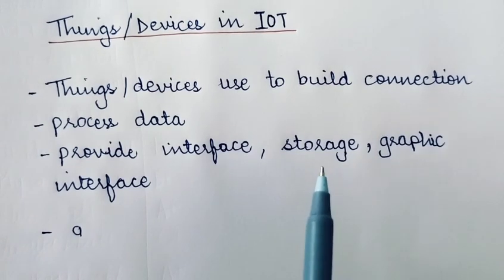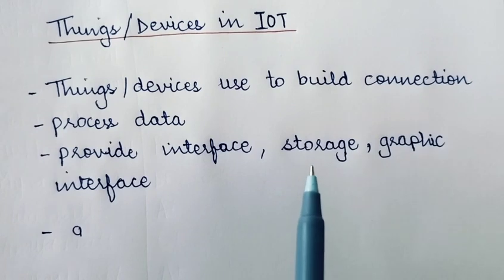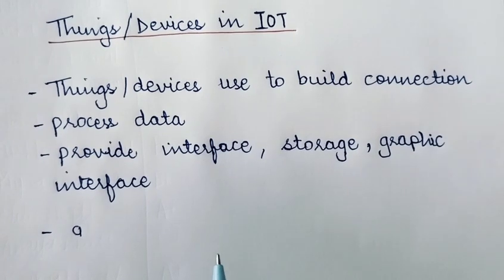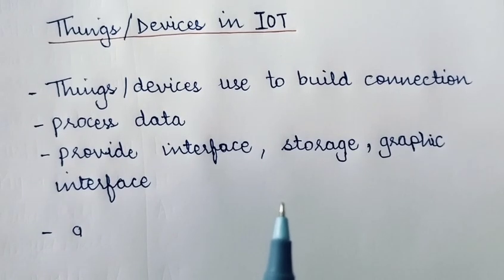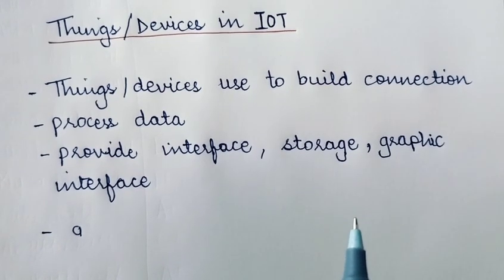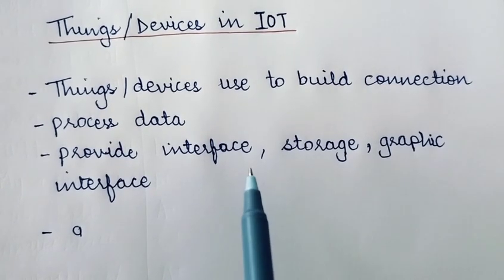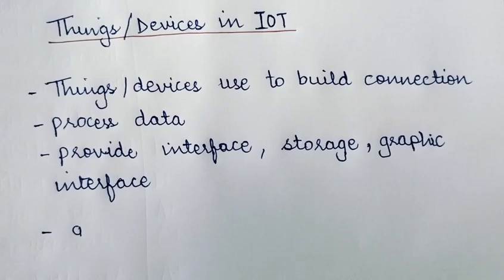Then we need to have a graphical interface, which makes interaction much easier, especially for a layman. Interacting graphically is much easier. So that is the reason why we need things or devices in IoT.